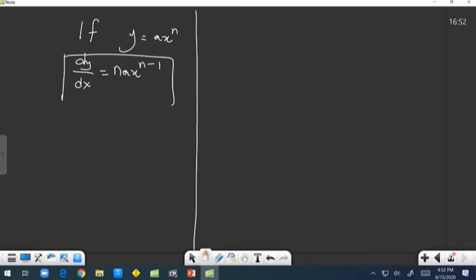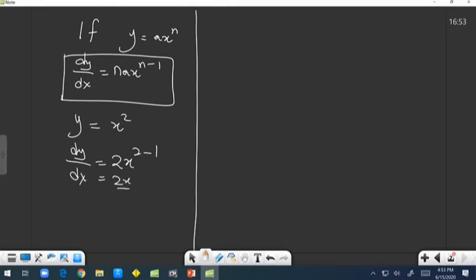So we have the formula given as this. That means we can solve the same problem we just solved. If this is similar to this and we want to differentiate it, we can say dy over dx is equal to 2x to the 2 minus 1, and that is equal to 2x as the final answer.